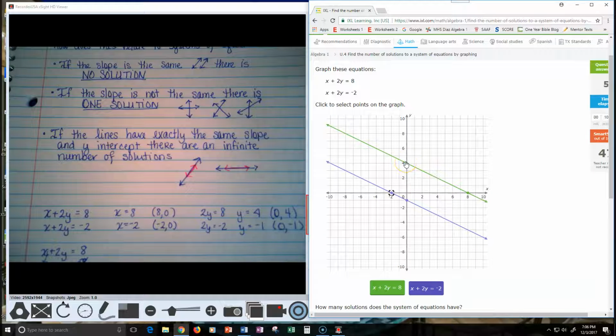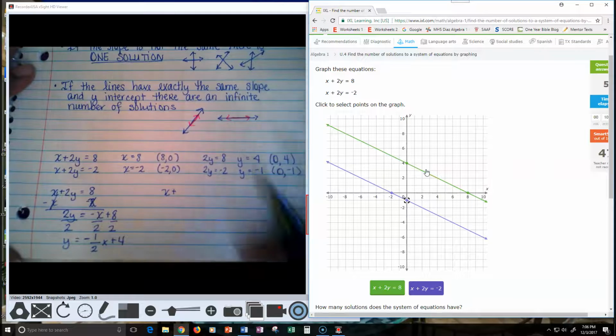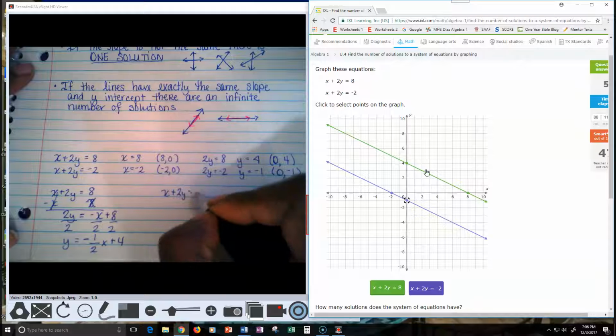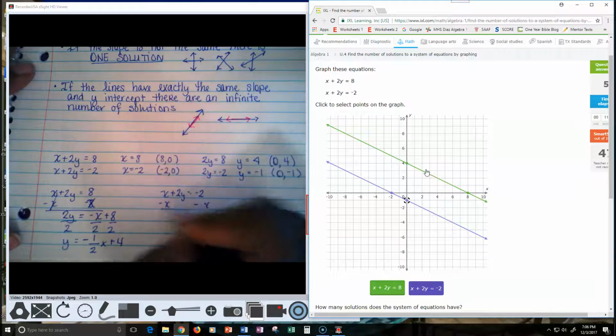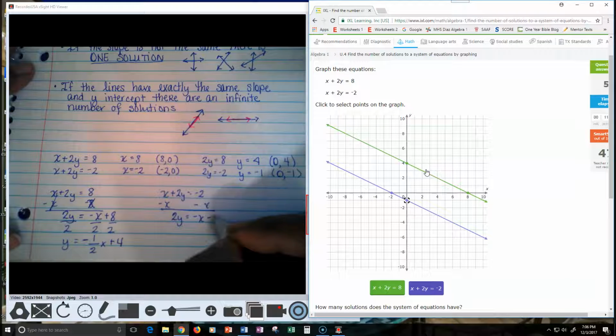And let's see, is that our first line? 4, and we go down 1 to the right 2. Yes, that's right. And then you could change the other one as well. X plus 2y is equal to -2. Subtract x from both sides of the equation. And you're left with 2y is equal to -x minus 2.